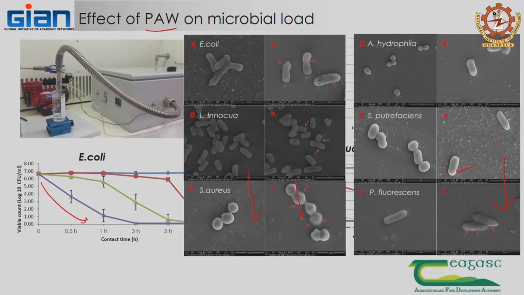Now E. coli, how does it get inactivated? Oxidation. Listeria innocua, how does it get inactivated? Staphylococcus aureus, how does it get inactivated? Aeromonas is not mainly from food, but is a skin infection. So plasma is also used for washing hands as opposed to alcohol washing.